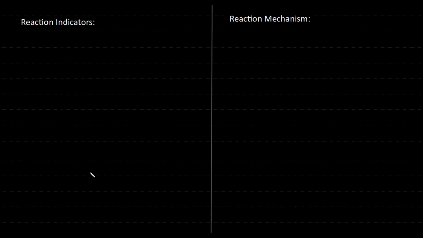Of course, there is one more thing. How do you get to know that the reaction has occurred? Obviously, the very first thing is heat is released. This is an exothermic reaction. That's one of the ways to check this out. Then what else?